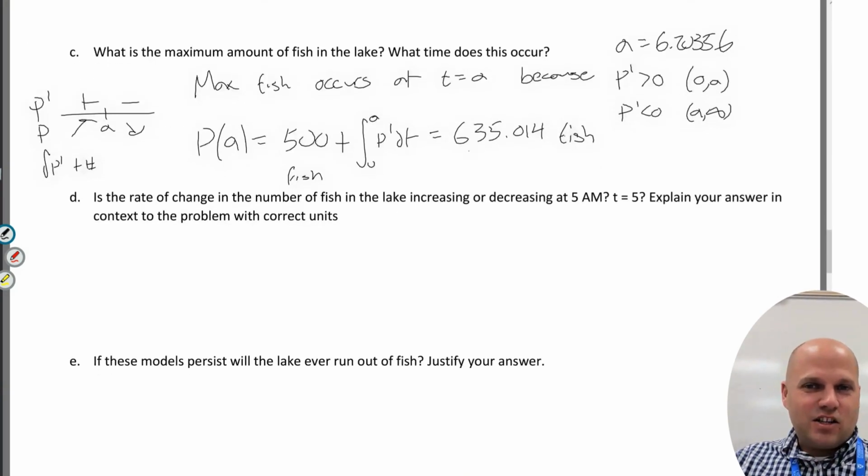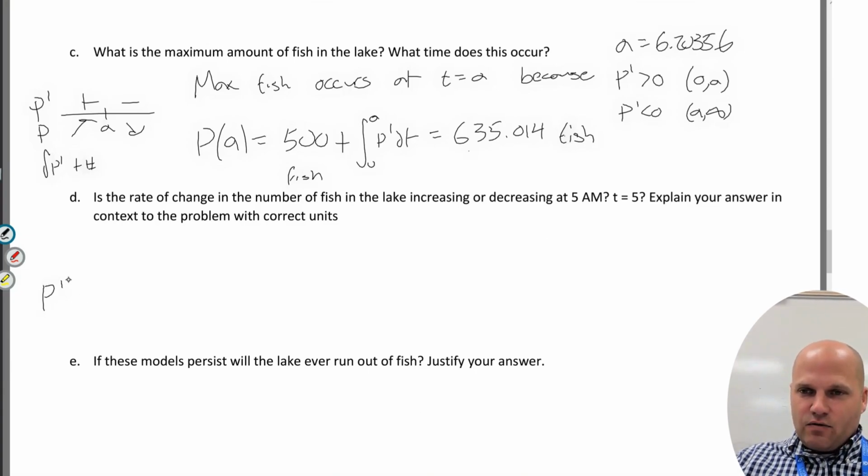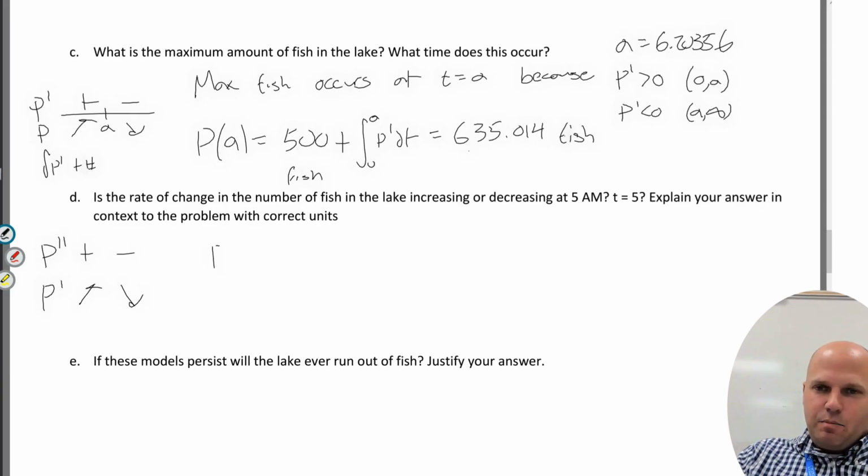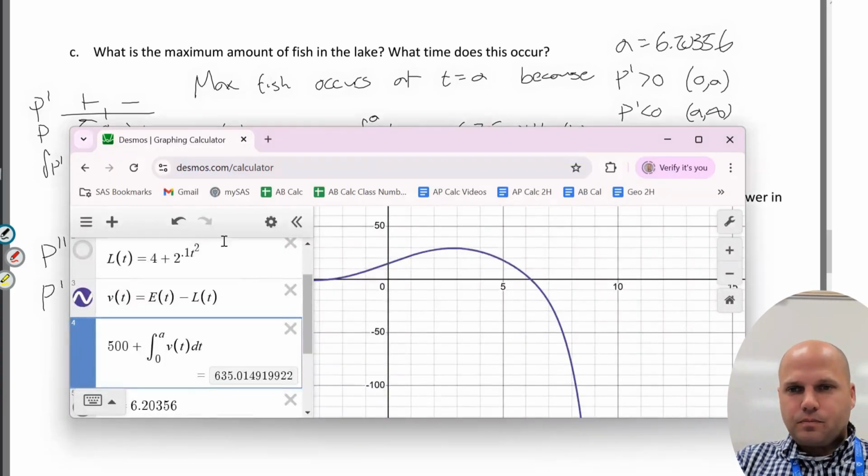Is the rate of change in the number of fish in the lake increasing or decreasing? Pay special attention to how this is worded. Is the rate of change increasing or decreasing? I need to look at the second derivative. I need P double prime at 5, which is V prime at 5, which is E prime minus L prime.